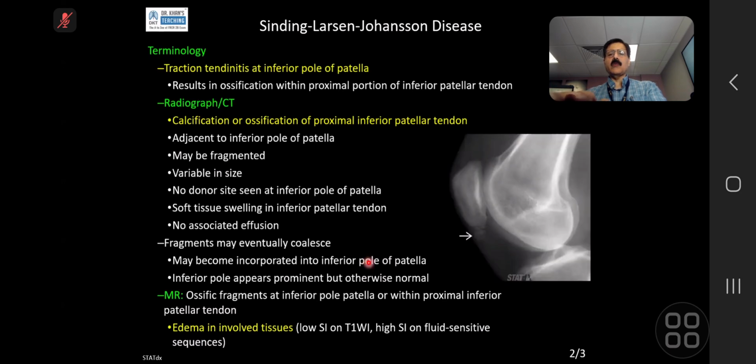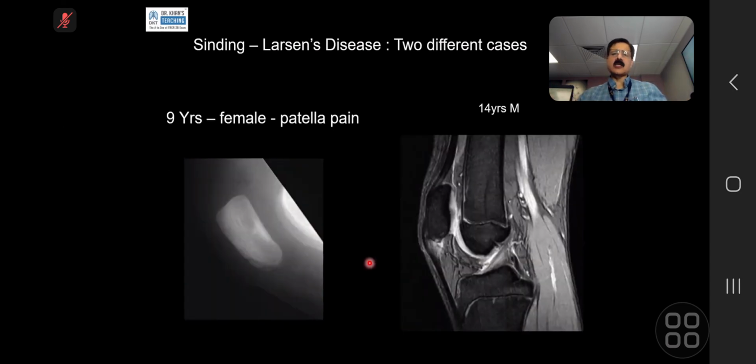And when I started my radiology, the first book which I read was the 1987 Sutton. They had mentioned this as avascular necrosis. Can you imagine? The concept at that time was that there is avascular necrosis of the inferior pole of the patella, because MRs were not available.